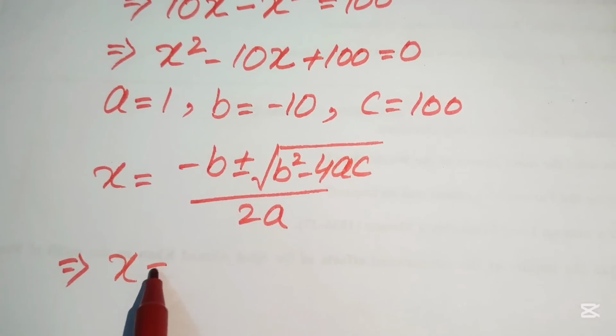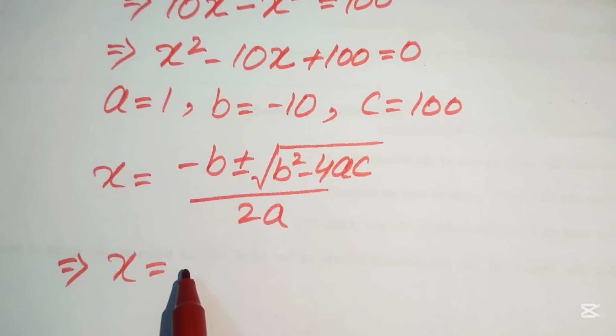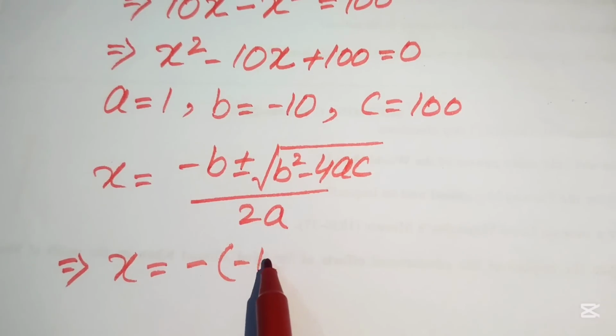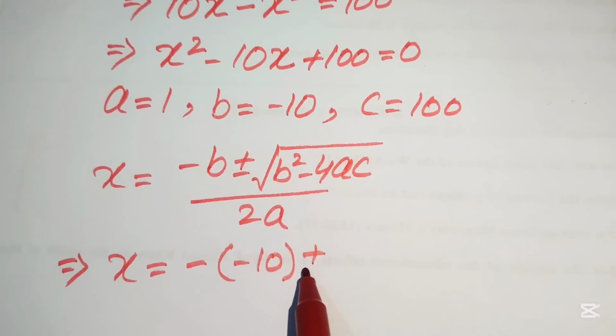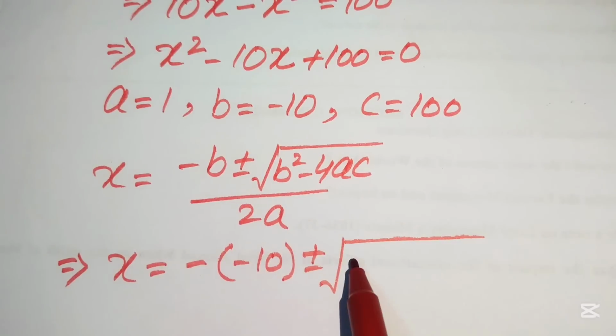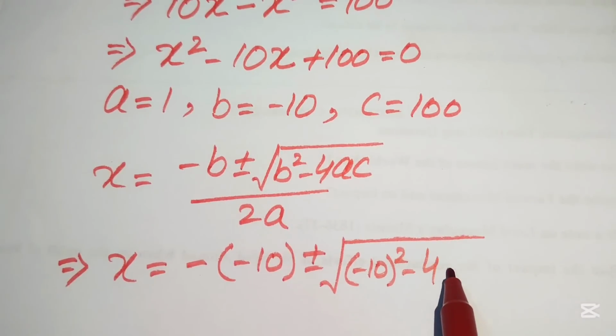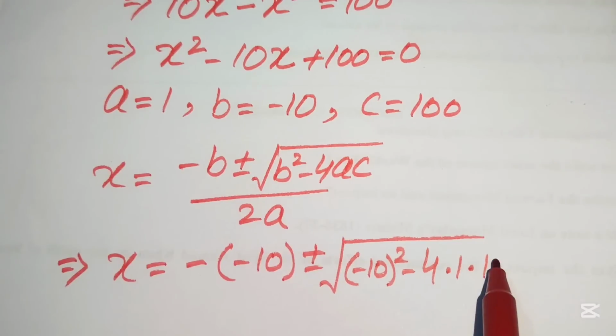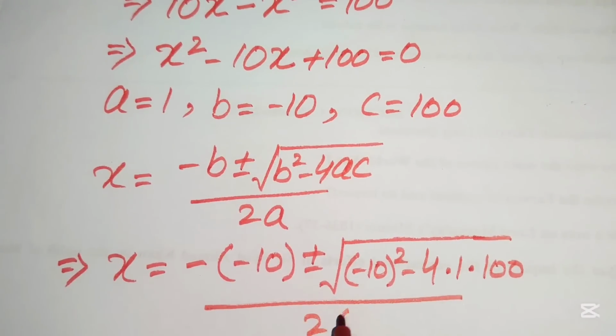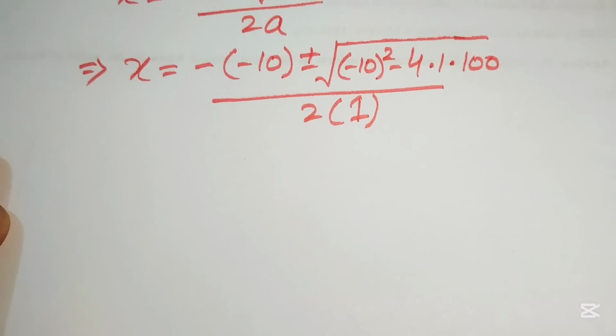First we substitute the value of b. The value of b is minus 10. We substitute it here: minus times minus 10 plus minus square root of b square, b is minus 10 square, minus 4 times a is 1 and c is 100, divided by 2 times a. The value of a is equal to 1.